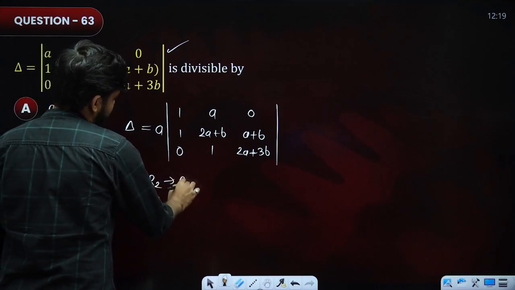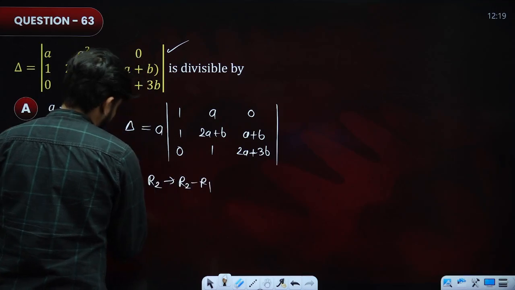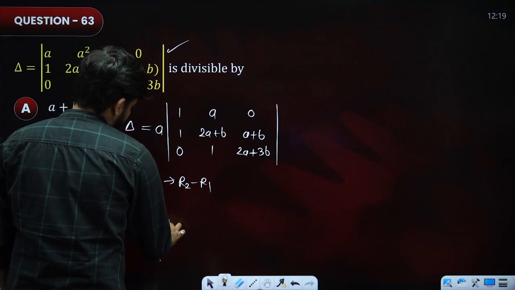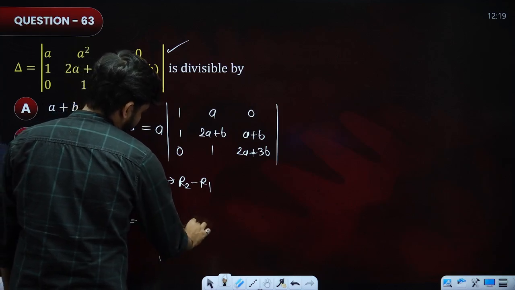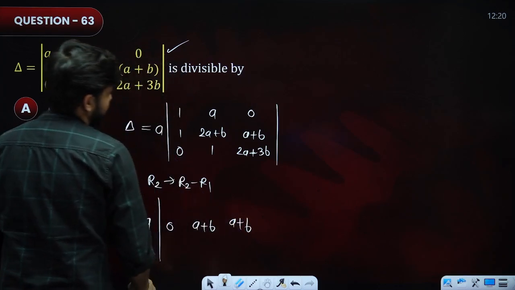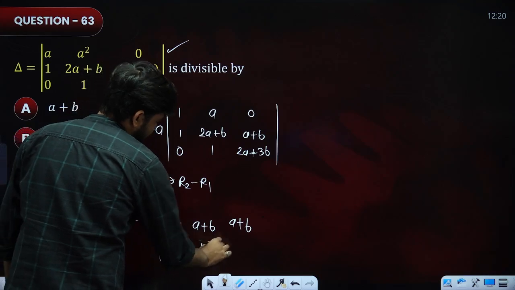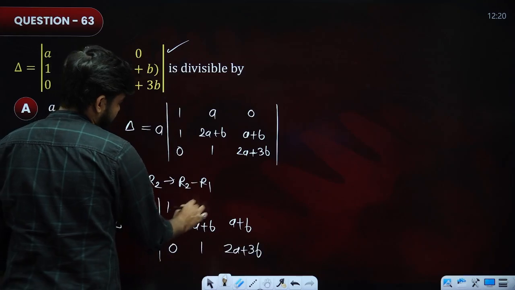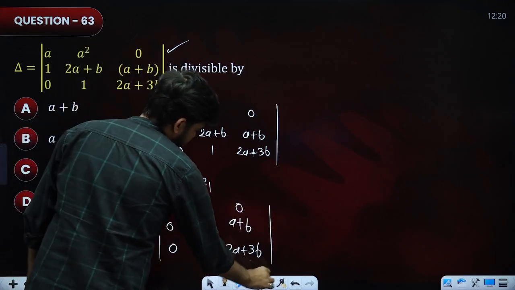In row 2 we can use the operation row 2 minus row 1. So here del is equal to a into, so 1 minus 1 0, here we have a plus b and a plus b, 0 1, 2a plus 3b. Here we have 1, a and 0.